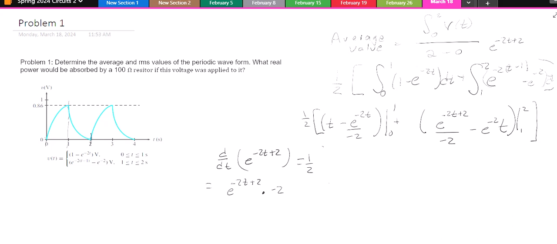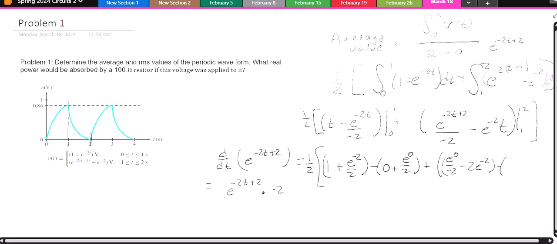Alright, so then that becomes 1/2 times 1 minus, and that'll be plus, e to the negative 2 over 2, minus, now I'll plug in 0, 0 plus e to the 0 over 2, plus, now I'll plug in 2, so that gives me e to the 0 over negative 2 minus 2e to the negative 2, minus, now I plug in 1, oh no, when I plugged in 2, minus 2 times 2 is minus 4, plus 2 is negative 2.